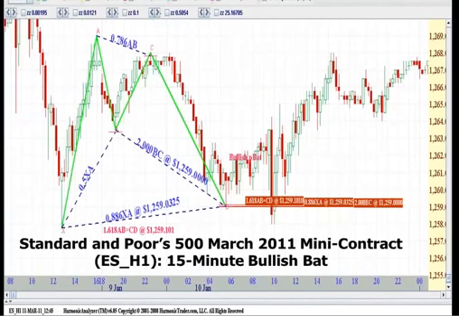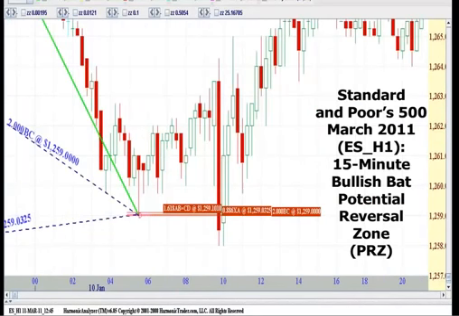Now, in this example of the S&P 500, here's a nice bullish bat with an exact 50% at the B point. That sets us up for our 2.0 BC with an 886. Looking at that price action in the potential reversal zone, look at how those numbers all came together in a tight area, including the alternate 1618 AB equals CD.